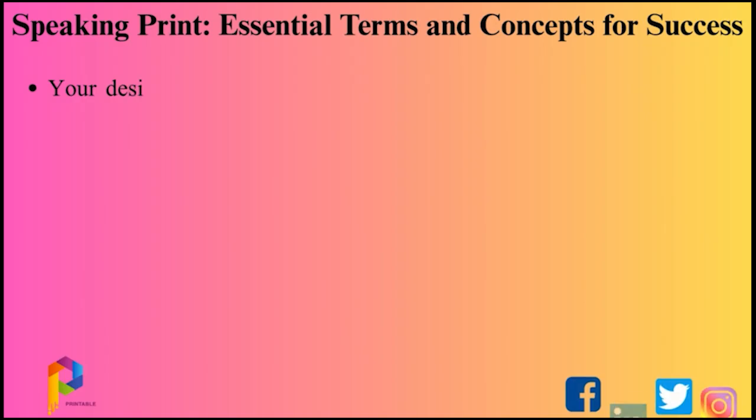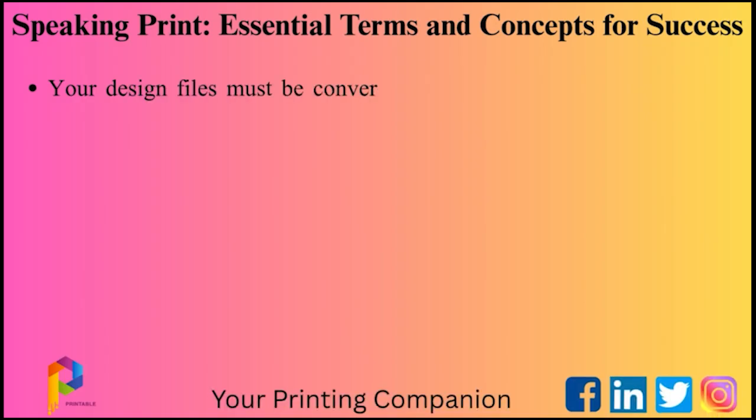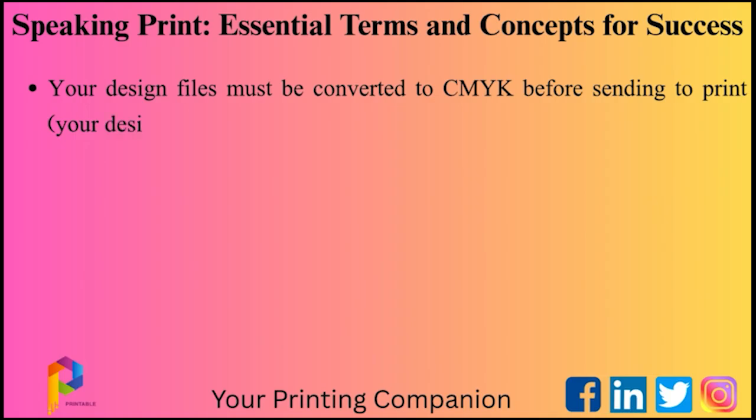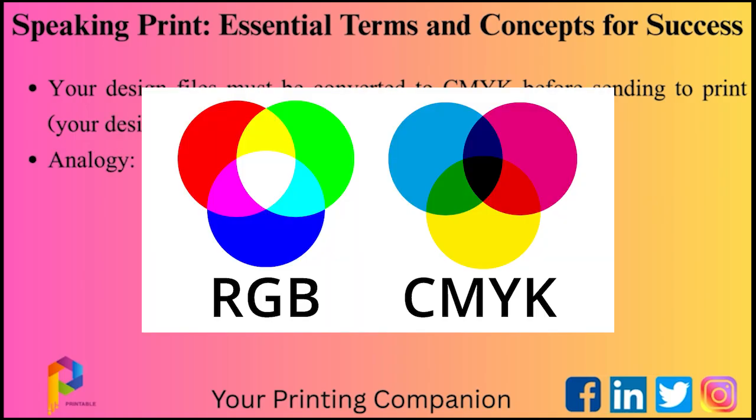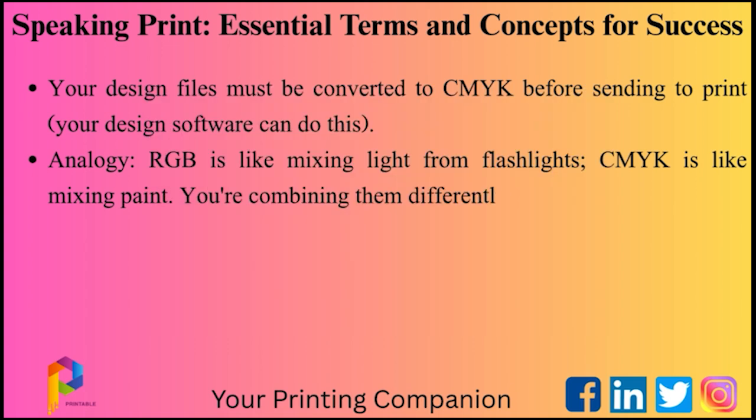Your design file must be converted to CMYK before sending to print. Your design software can do this. Analogy: RGB is like mixing light from flashlights. CMYK is like mixing paint. You are combining them differently.